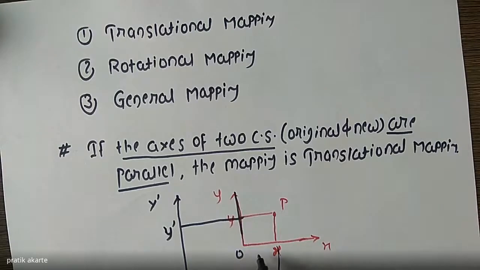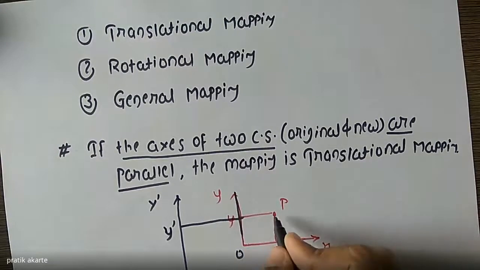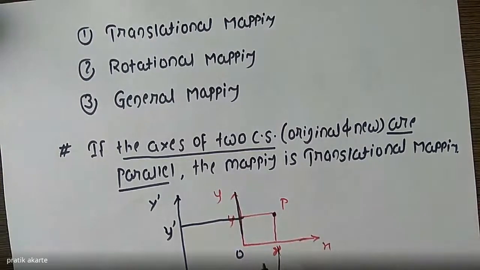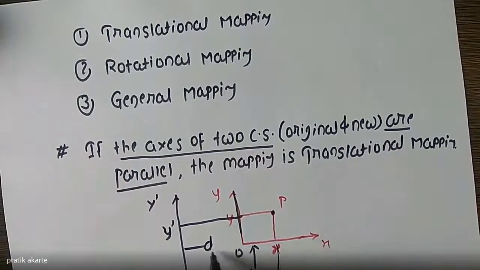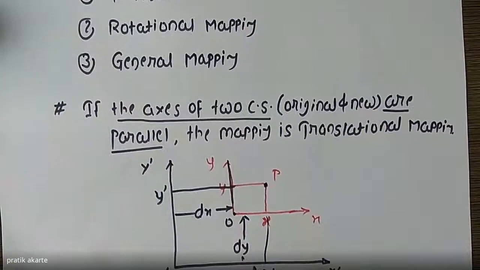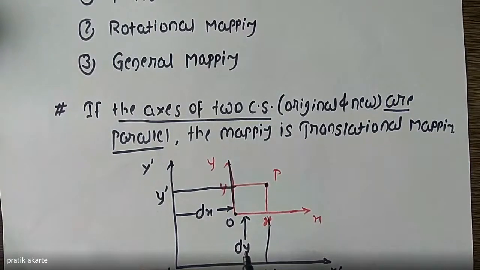So what we need to do over here to transform the coordinate system data is move these distances, dy, and here it is dx. So we need to shift this origin from this point to this point. Okay, so we have to change the coordinate description by dy and dx.